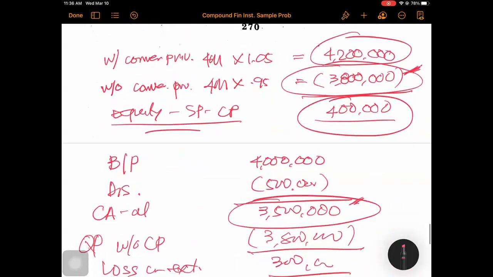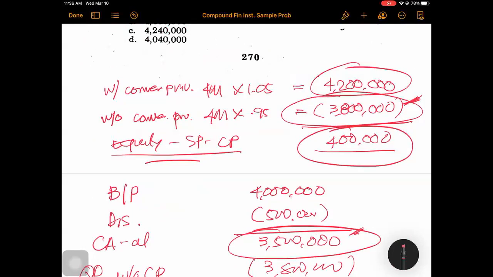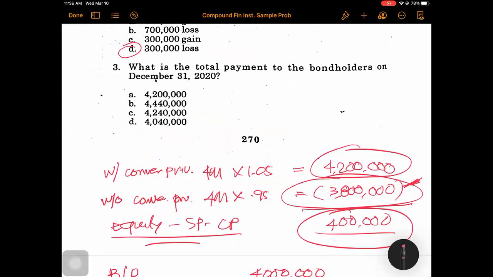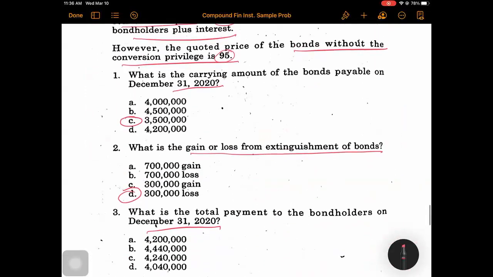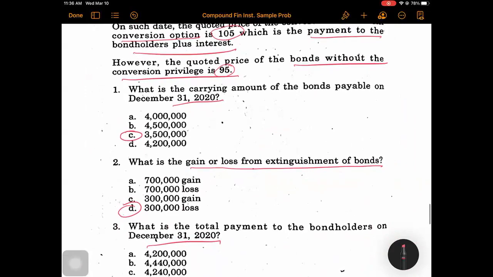So, for number 3, what is the total payment to bondholders on December 31, 2020? Pili answer ani. So, we need to add the interest pa, di ba? Kay total bayaran man.